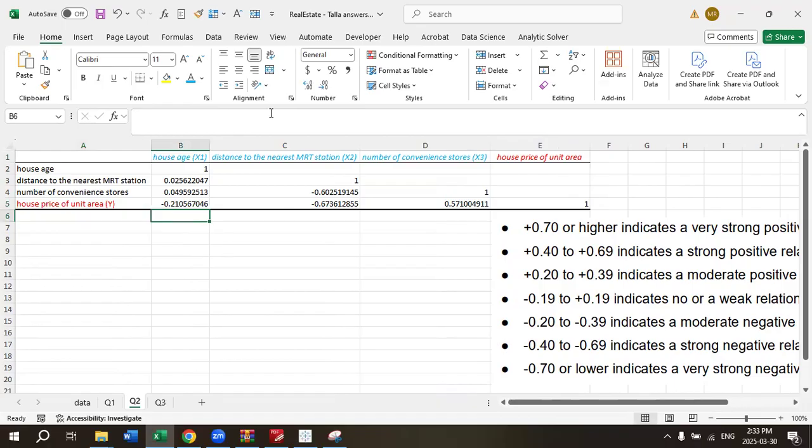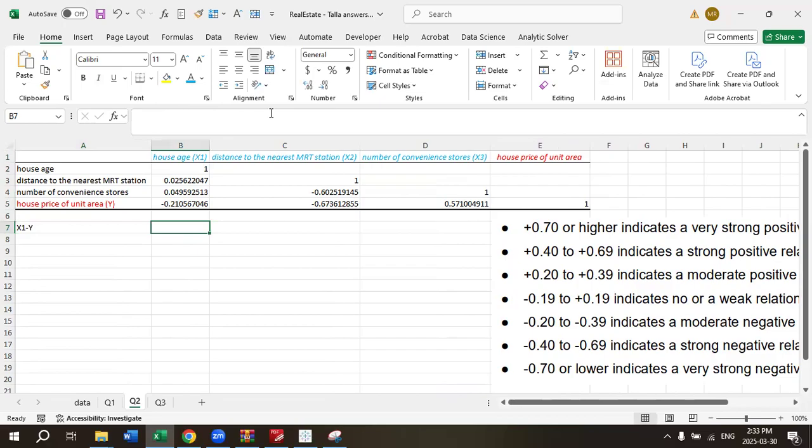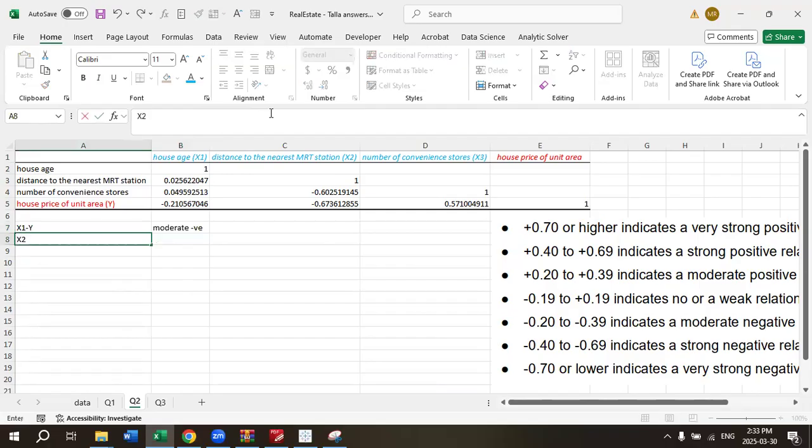So the relationship between x1 and y is moderate negative. Now the x2 to y relationship.